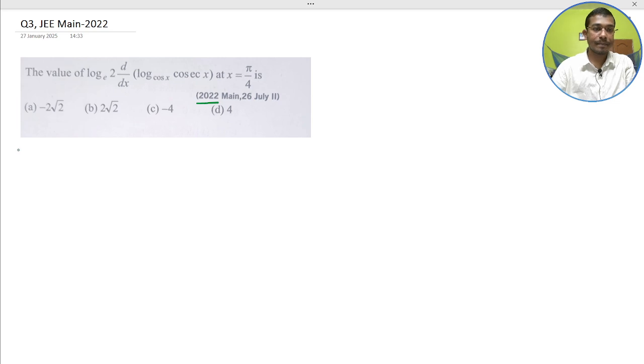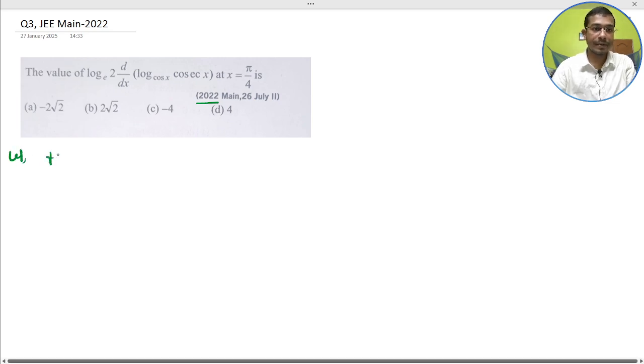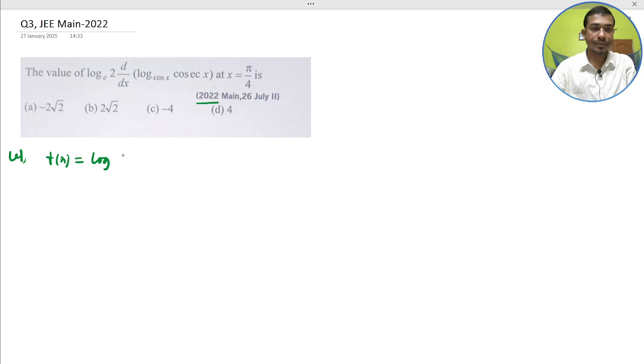So let f(x) be this given function, log base e 2 d/dx of log cos x base of cosec x. This is given. Just do derivative here.